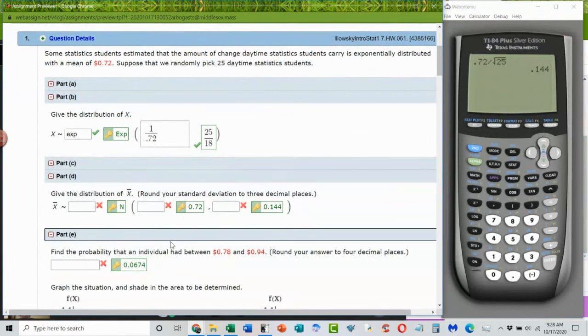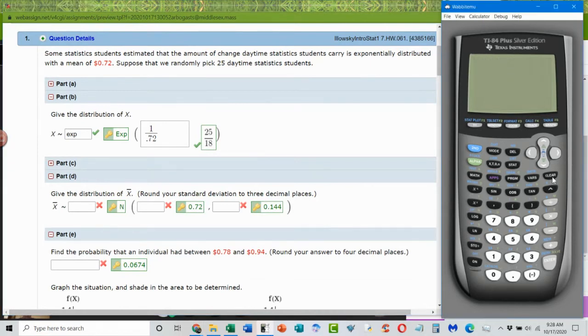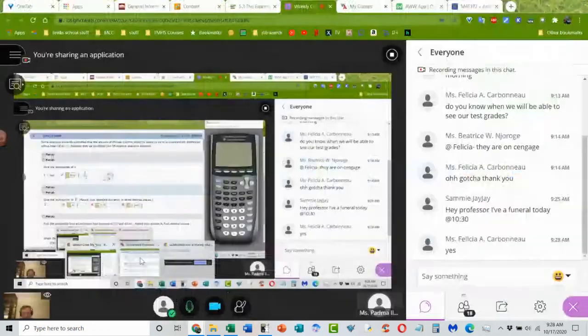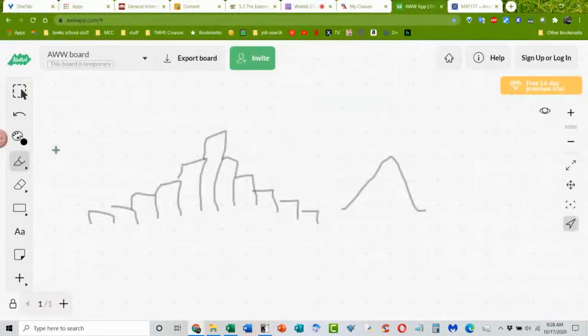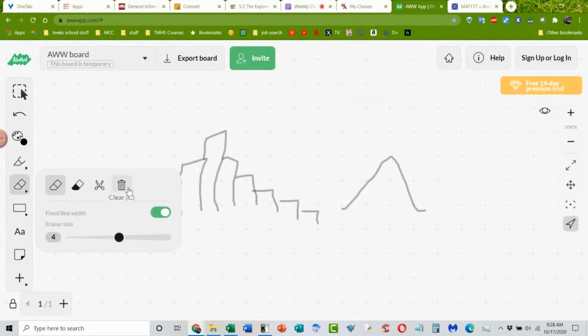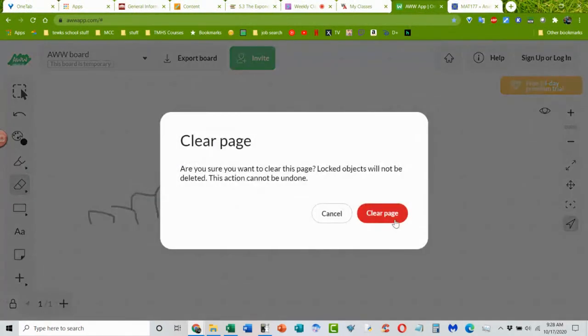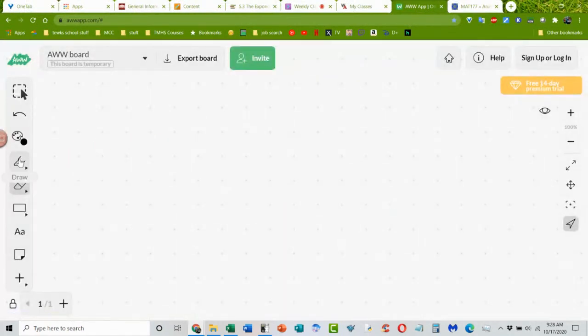Then they ask us, well, what is the probability of finding a single person who has between 78 cents and 94 cents if the average is 72 cents? And there's a formula to calculate that, and it is for the exponential one.